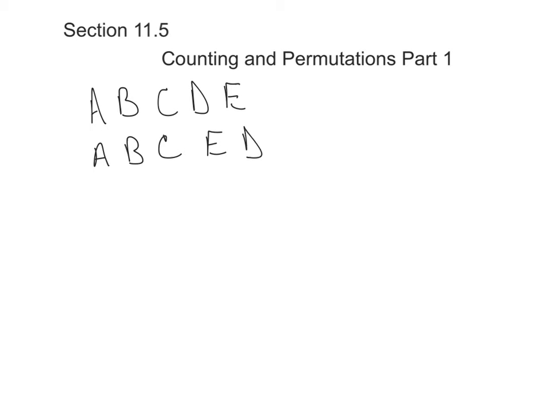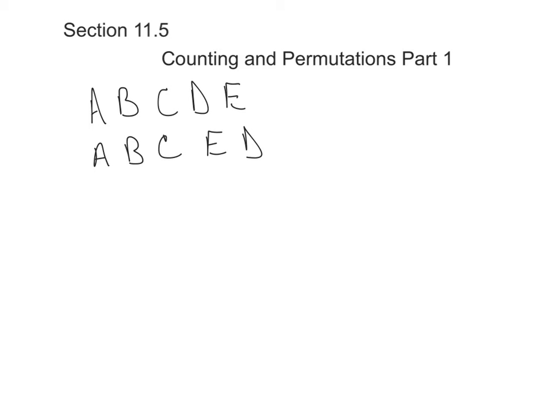Right now we can have A sit next to B, C, D, and E. That's one possible order. Another possible order is A, B, C, and then E and D can switch. Once again, that's a completely acceptable order.